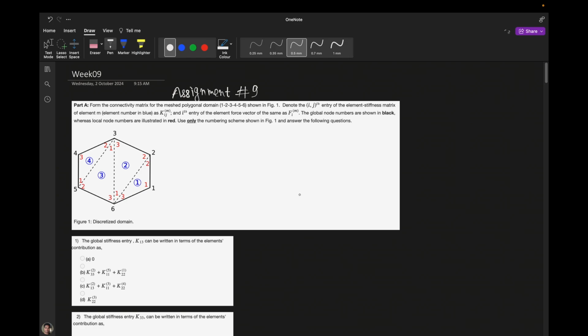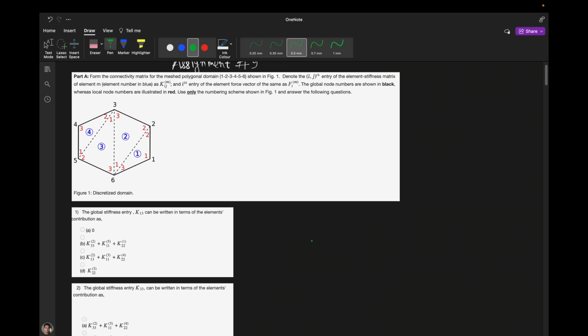There is a stiffness matrix indexed by i and j, and all the entries are in the ith and jth entry of the stiffness matrix. Okay, so let's see. First, we already know that what we need to do is to create a connectivity matrix.